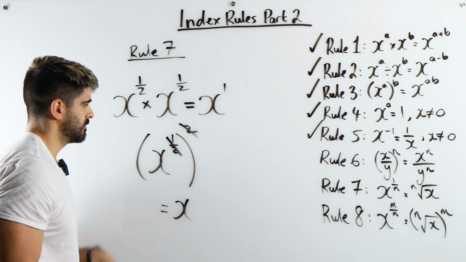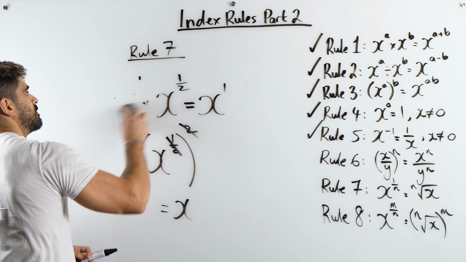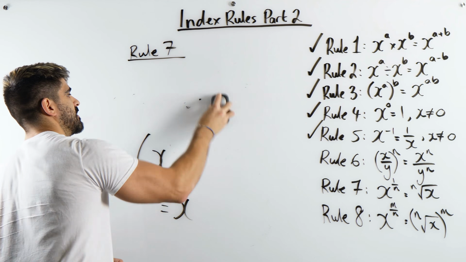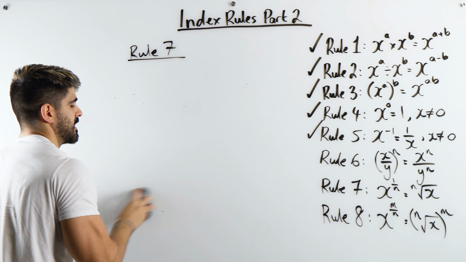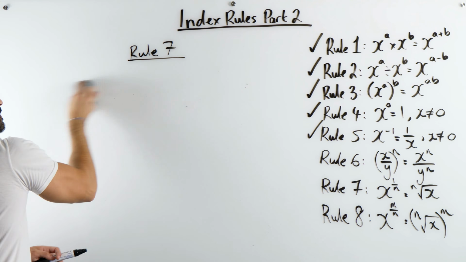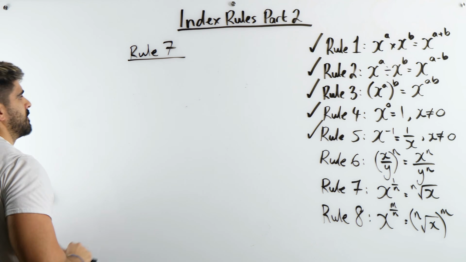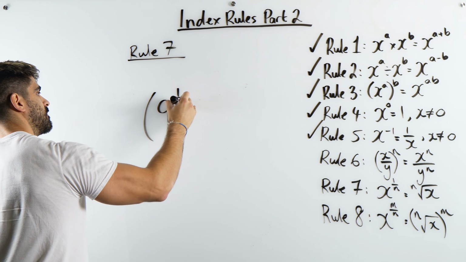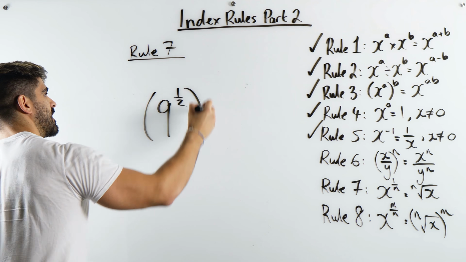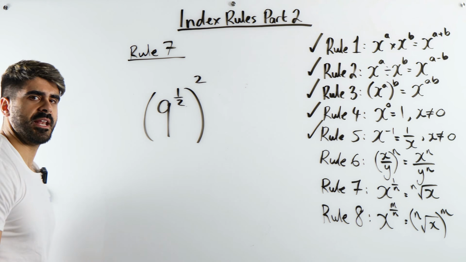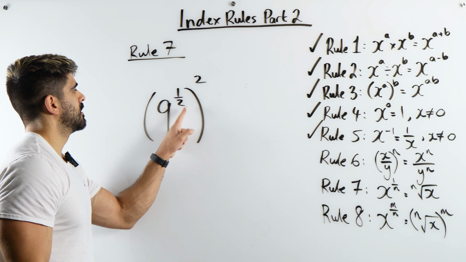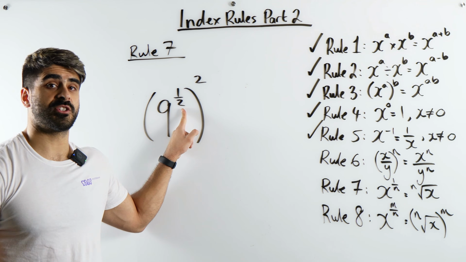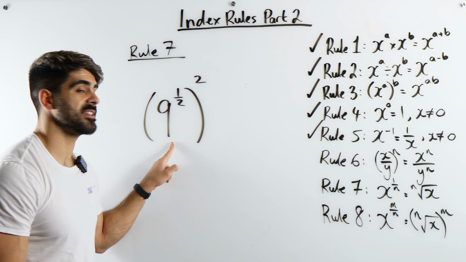So if I gave you guys an example, just to really reiterate that the denominator indicates what root you're taking: if I had 9 to the power of a half, and I square that, what should I be left with? Well, we're saying that power half means to root. The root of 9 is 3.